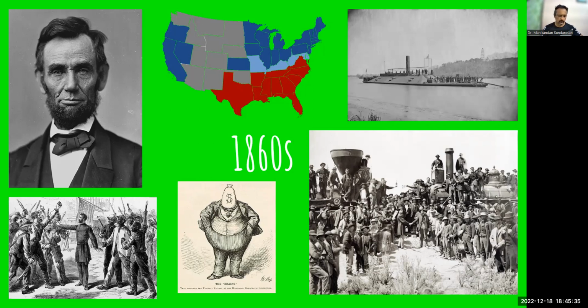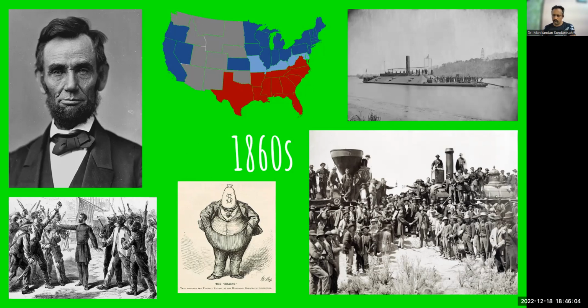You can see here, the blue states are the northern states, more industrial, and the southern states are in red on the map. Those are pro-slavery states, because they are farming states in the south. That's where the tensions were growing, because many northerners did not want slavery.